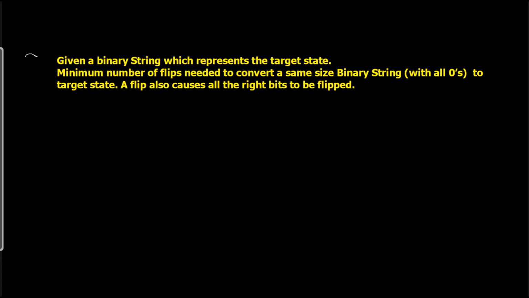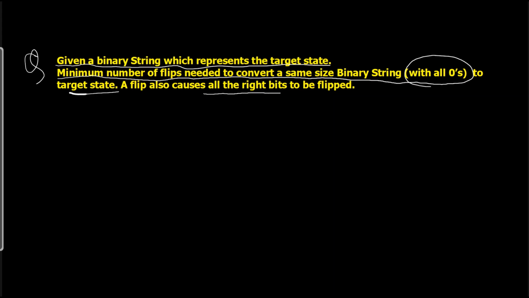Let's see the question first, which says: given a binary string which represents the target state, we need to find the minimum number of flips needed to convert the same size binary string of all zeros to the target state. Also, it should cause the right bits to be flipped.